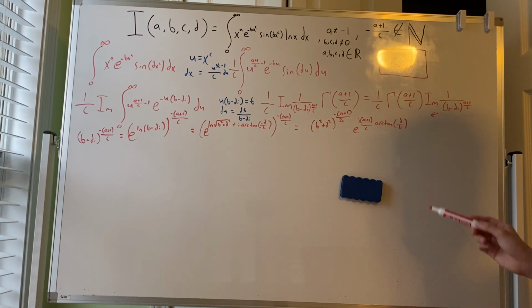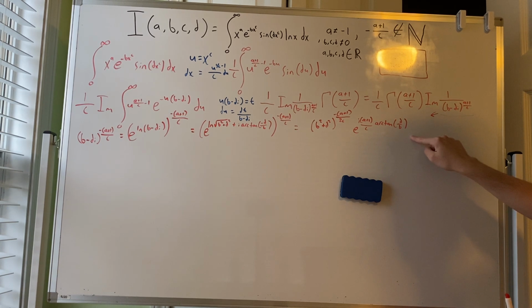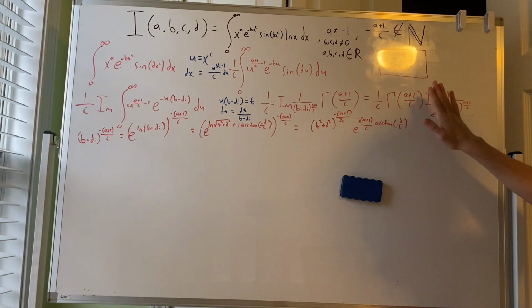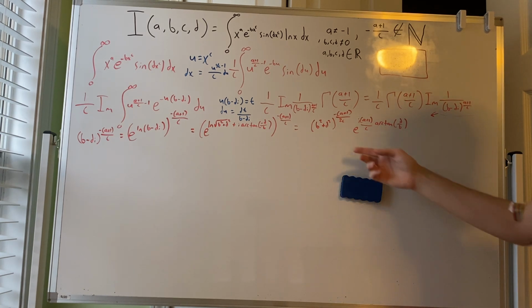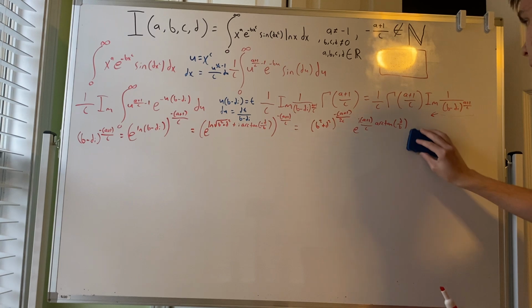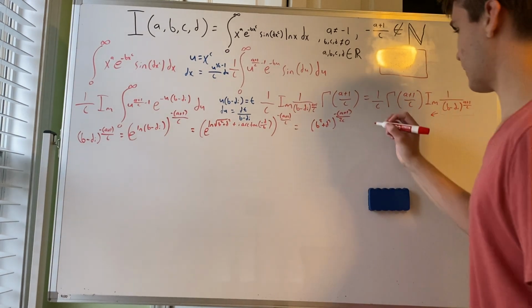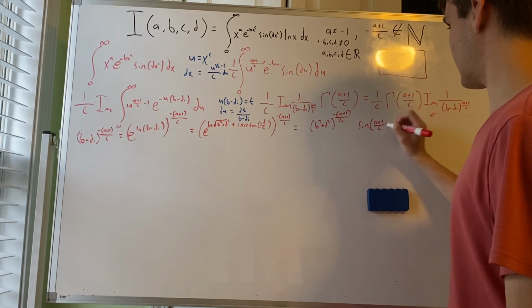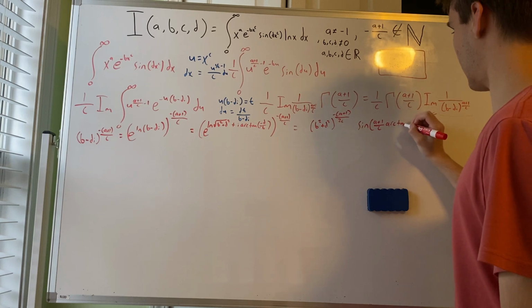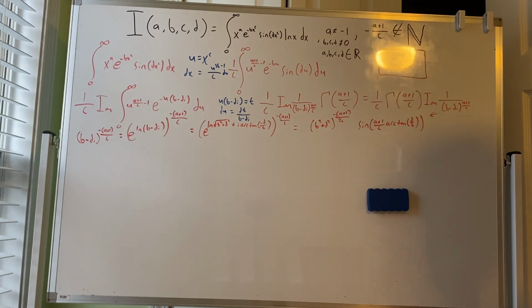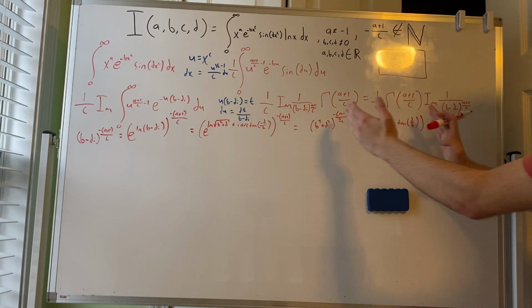So if we replace this entire thing with sine of this fraction times arctangent d over b, that would settle our imaginary part, because that was the only thing that has an imaginary part and a real part in this entire expression. So now we can change this to sine of a plus 1 over c times arctangent d over b. Okay, great. So now this thing has been turned into this thing.